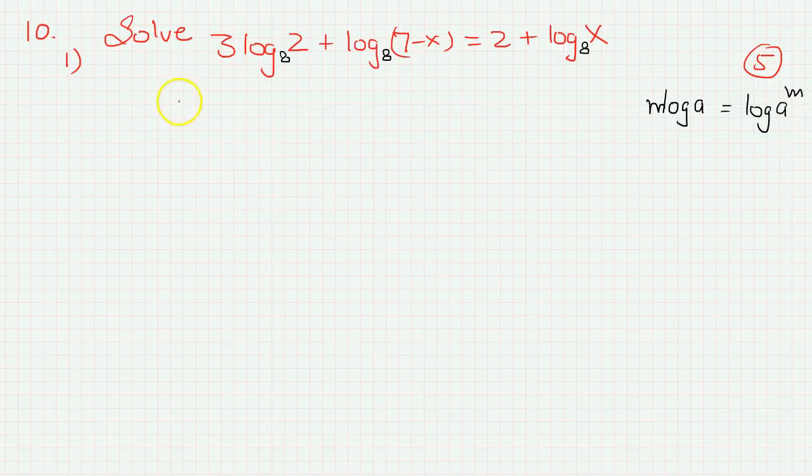So let's write this as log base 8 of 2 to the power 3, plus log base 8 of (7 minus x), is equal to 2 plus log base 8 of x.